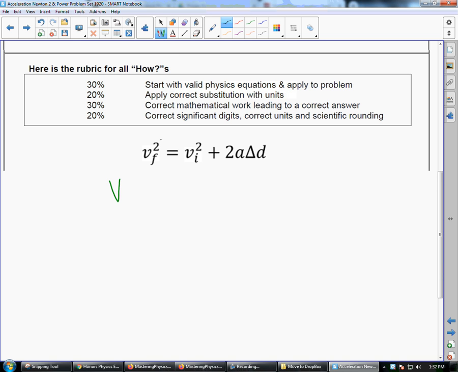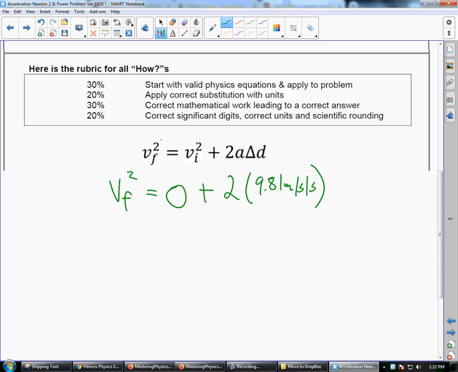So the V final is what we're looking for. If it's dropped, what's the initial velocity? 0. That could be in your Y. That's a great point. Put it in there, and then the person who's reading it goes, oh man, they know their stuff. And then, since it's in free fall, 9.81 meters per second squared.